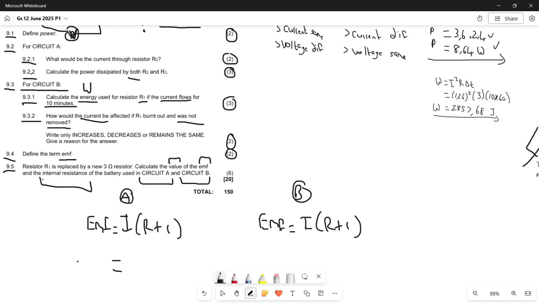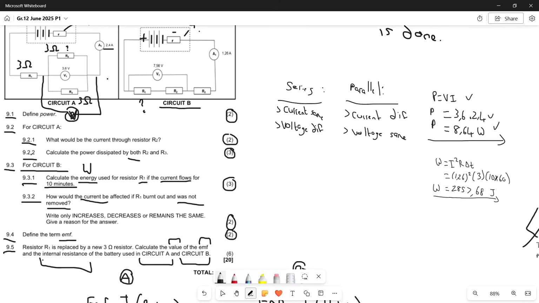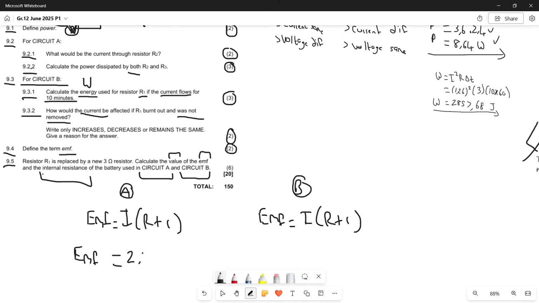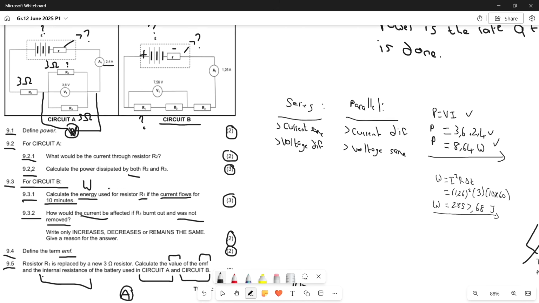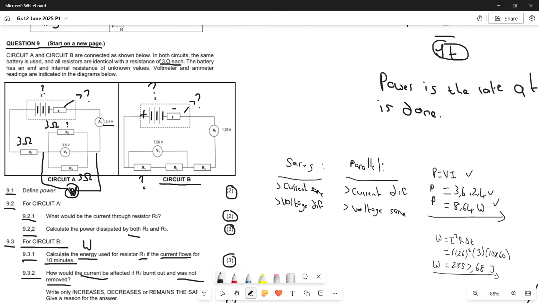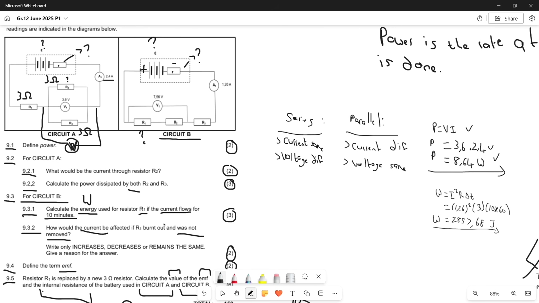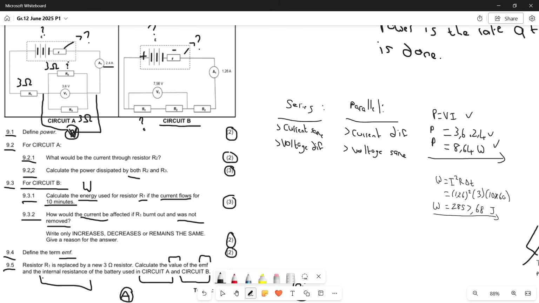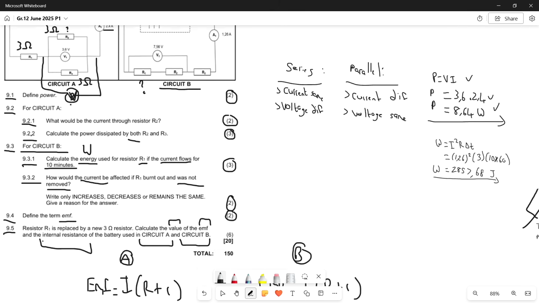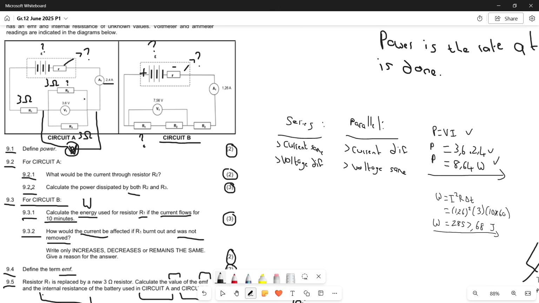Which means in circuit A, EMF remains and our current is 2.4 amps over there. So we have 2.4 amps over there because that current was in series, which means it was the current for the whole circuit. Our external resistance we'll have to calculate because we have a resistor in series and then 2 resistors in parallel. So we're going to have to add up the resistors in parallel separately and then add them to the resistor in series so that we have the total external resistance for this circuit.